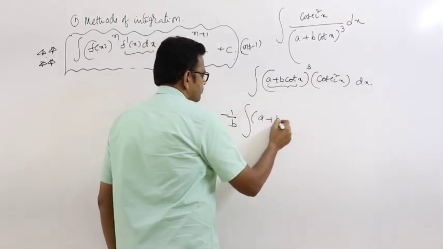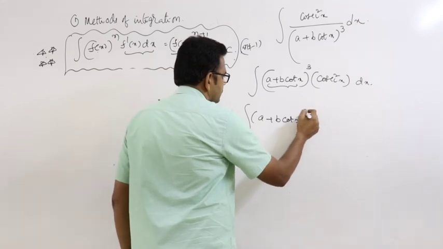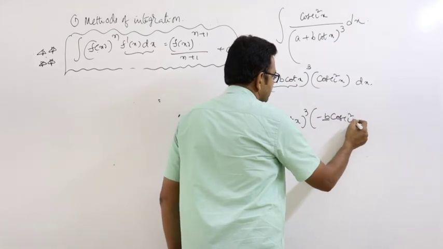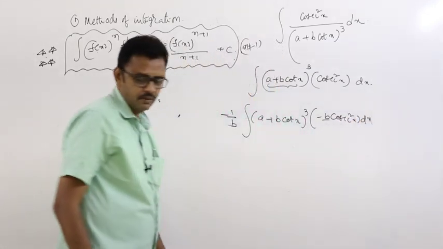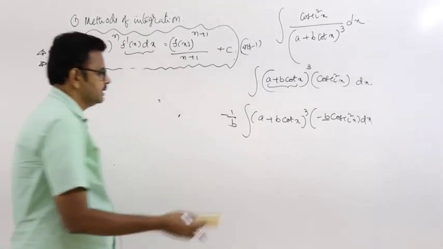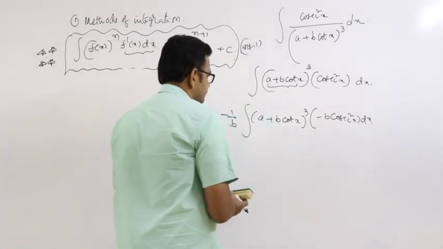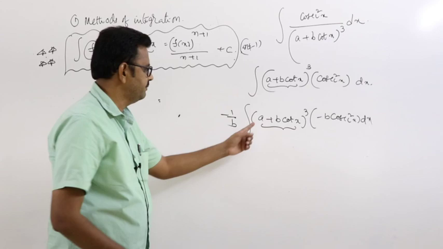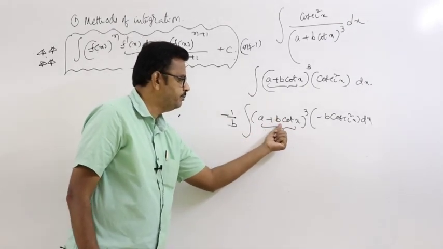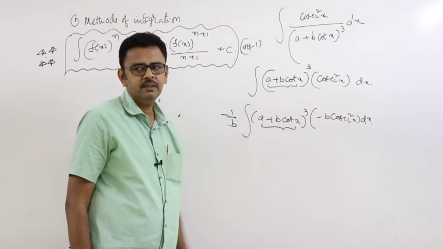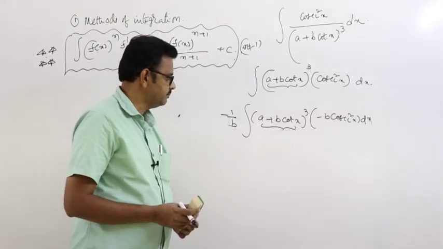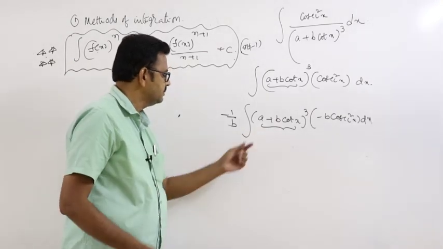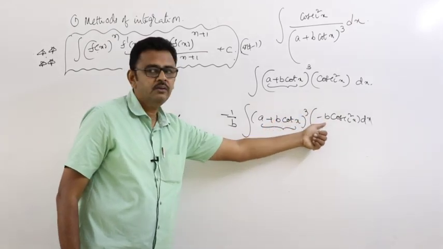So this is a plus b cot x whole cube into minus b cosecant square x dx. Now this is the f of x. The derivative of a is 0, the derivative of b cot x is minus b cosecant square x. Now this is f of x whole power n into f dash x form.